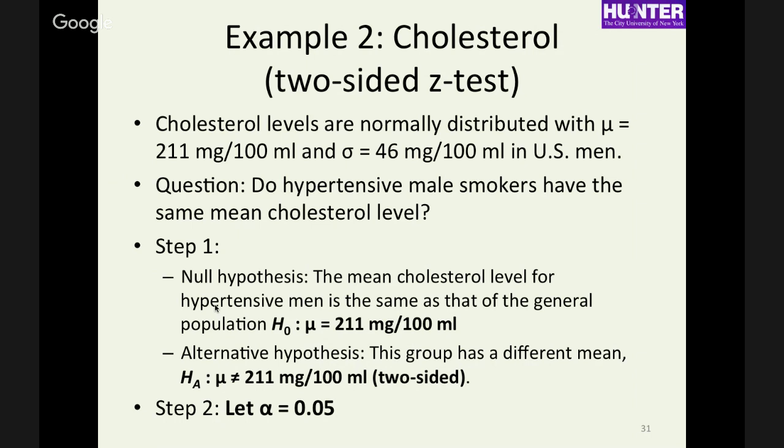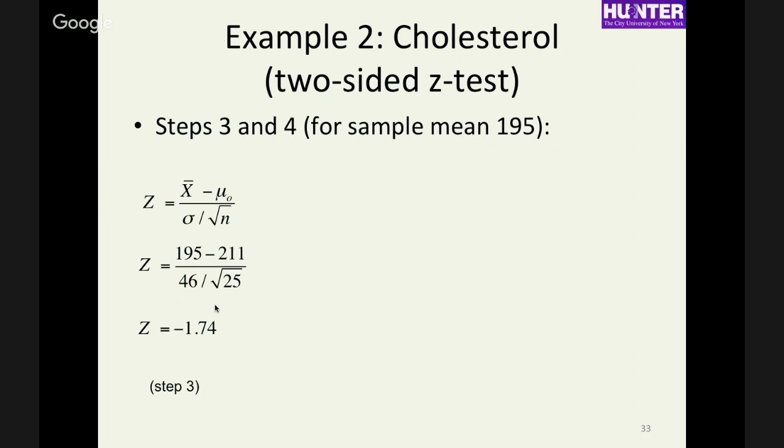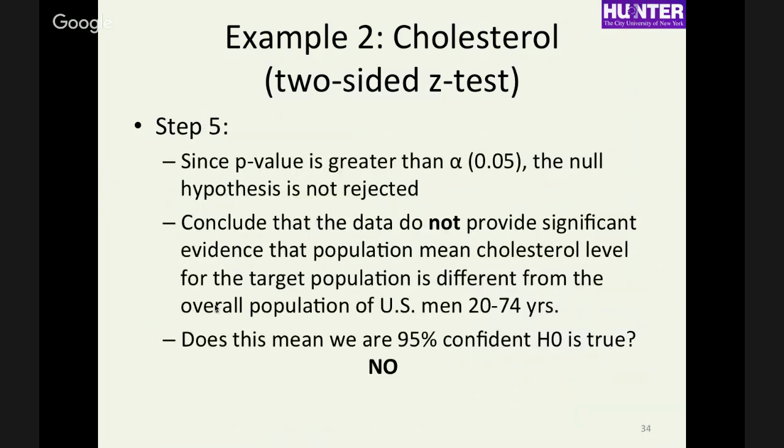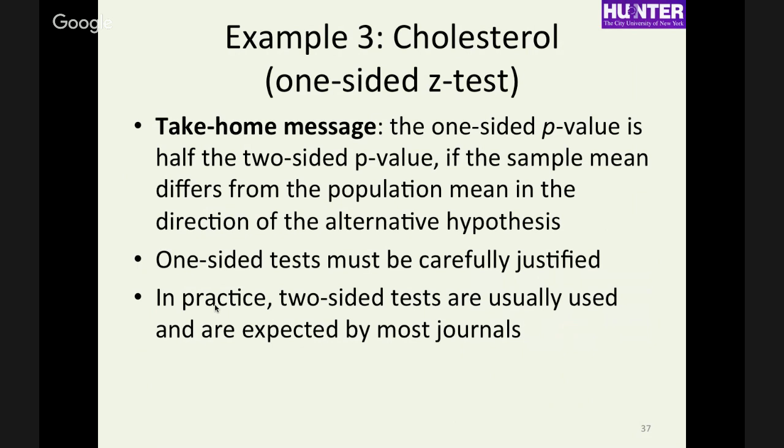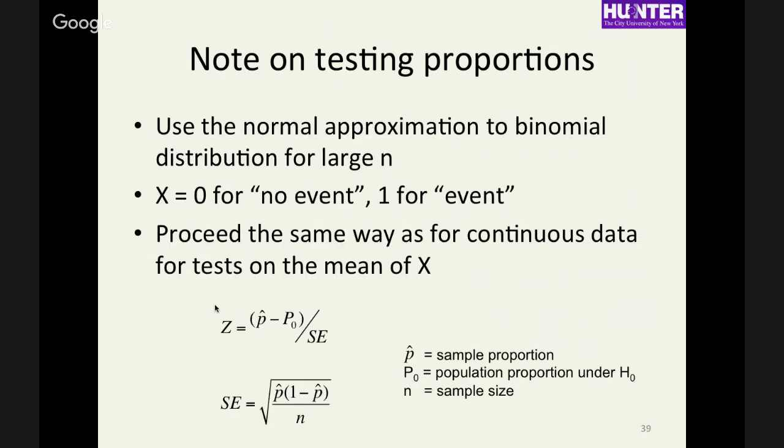I'm going to leave these next two examples, the cholesterol example, a couple of these for you to look over for next week. And we're running short on time today, so I'm going to continue with the note on testing proportions.